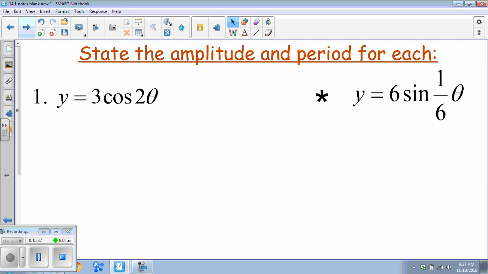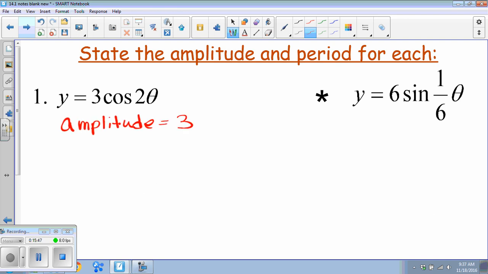So what's A in this problem? 3. That's my amplitude. That means from 0 on the x-axis, the highest point is 3, and what's the lowest point? -3. The period is the length of one wave. How many waves are there between 0 and 360? 2.